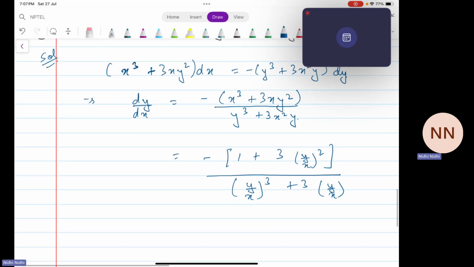So now we have the homogeneous equation.